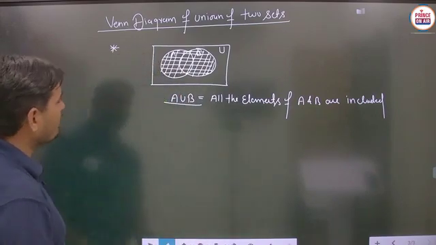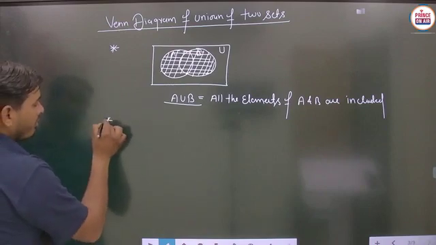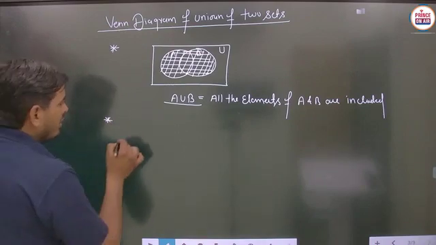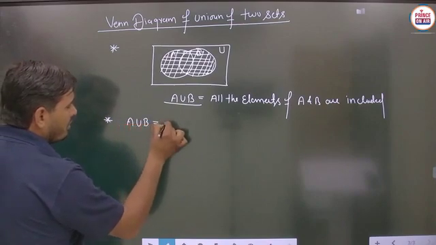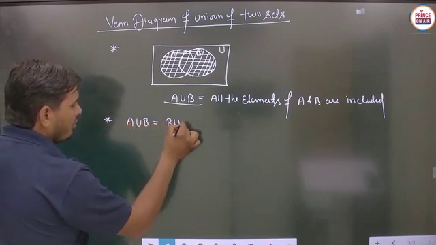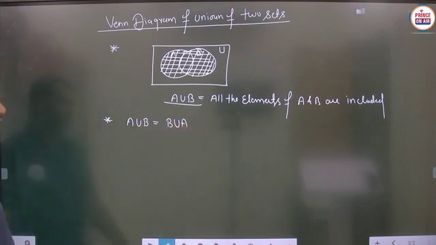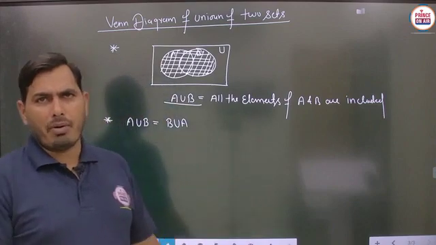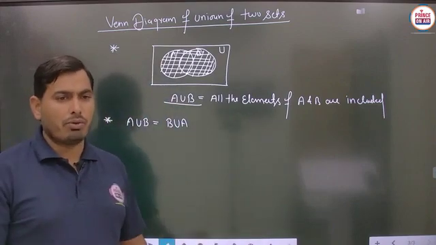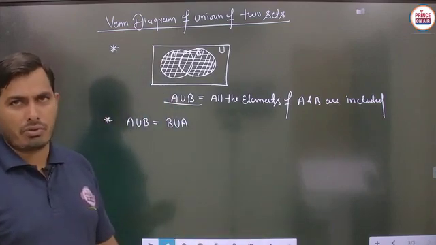The next part, student: can we say that A union B equals B union A or not? Whether we do A union B or B union A, there should be no mistake in that.